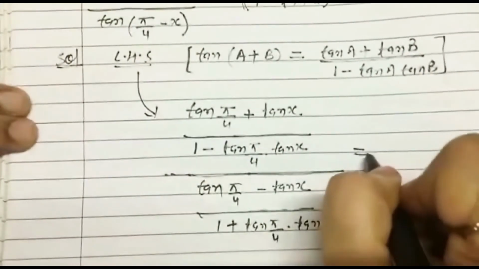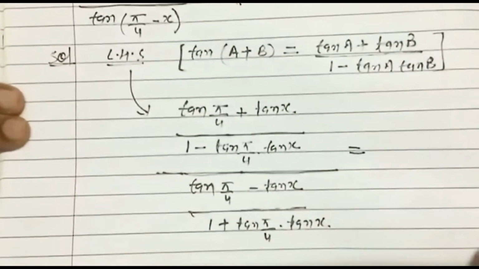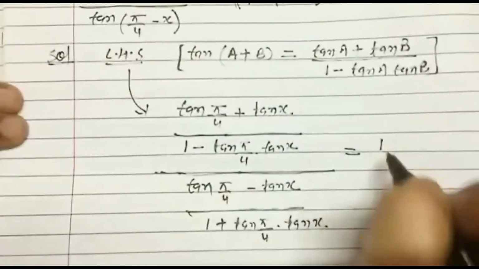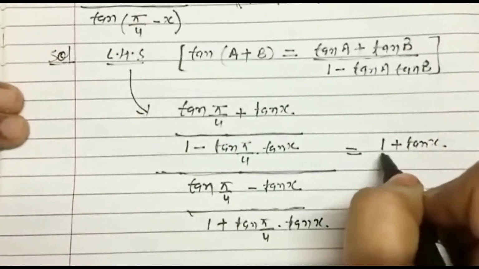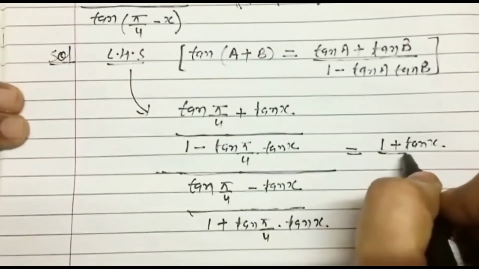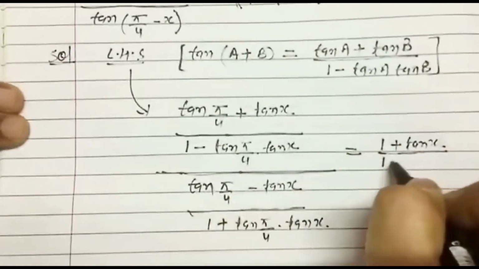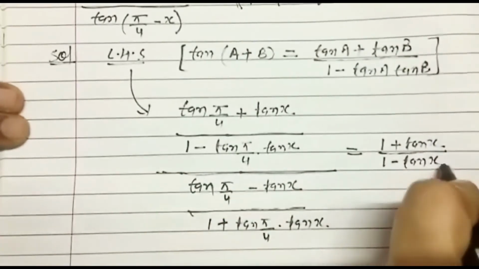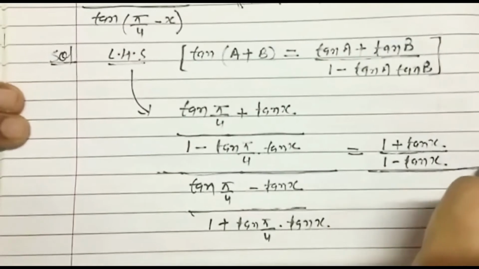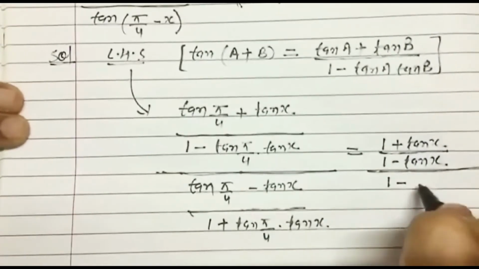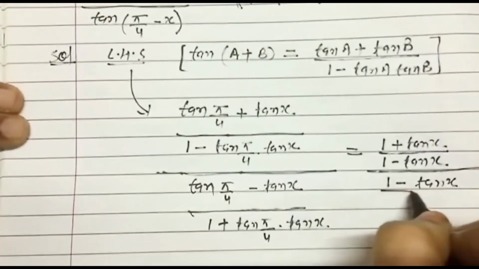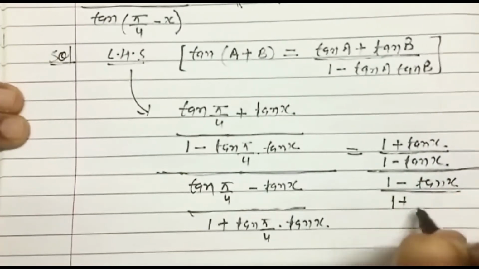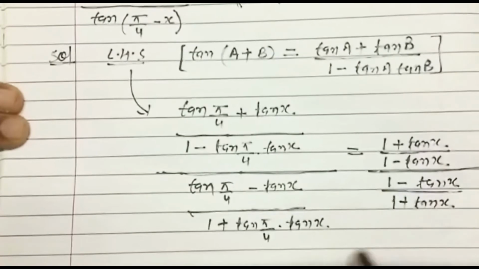Now substitute the value of tan pi by 4, which is 1. So it's 1 plus tan x in the numerator, and in the denominator 1 minus tan x, and here it is 1 plus tan x.